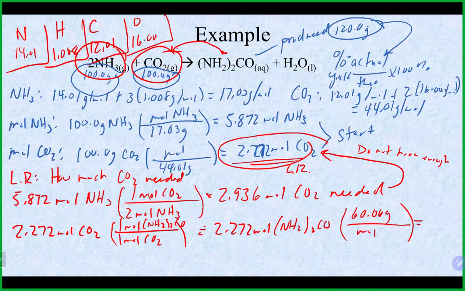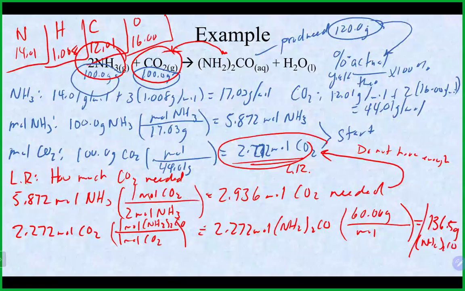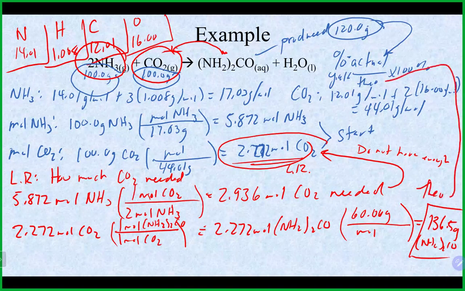And that will get us about 136.5 grams of our product in this case. Questions on that so far? That is obviously our theoretical yield, which would be the bottom part that we need.